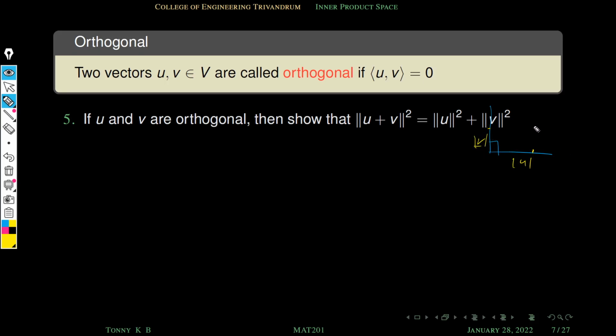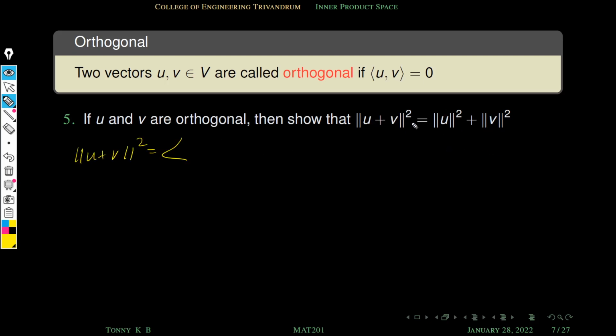This vector is u plus v, so this length is modulus of u plus v, right? This angle is 90 degrees. So what about the Pythagoras theorem? It says that this length square plus this length square is equal to this length square. So this is the generalization of that result.